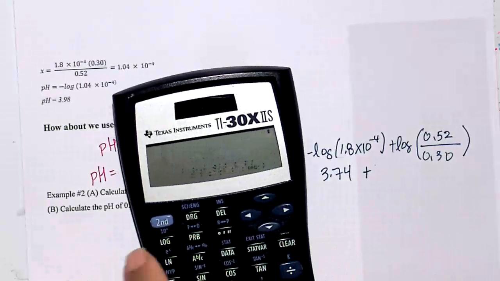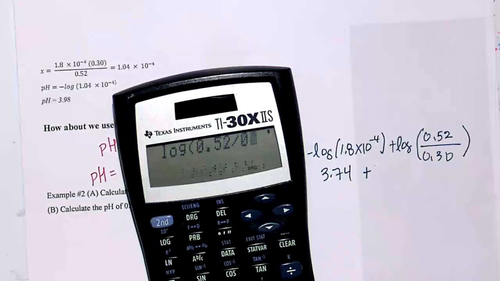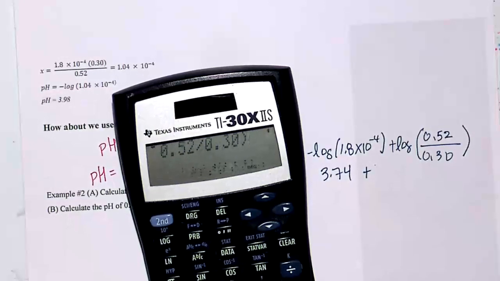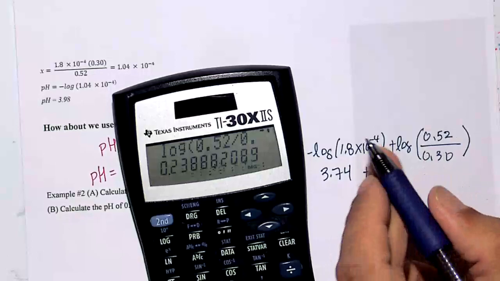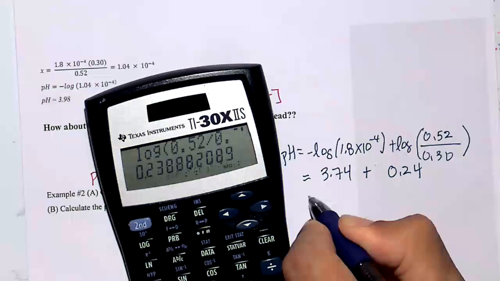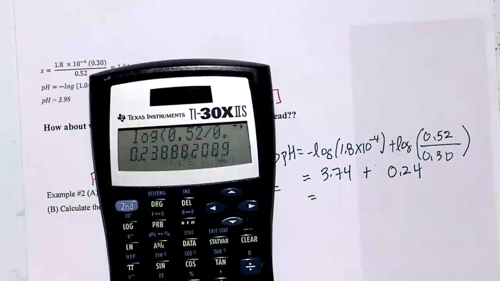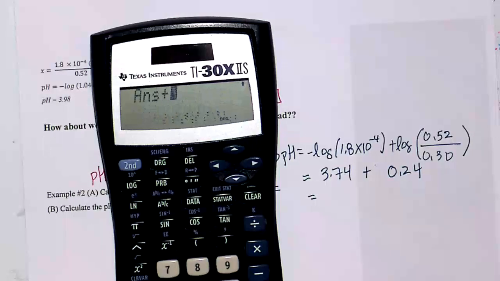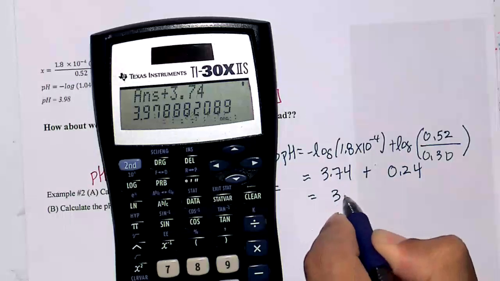Okay, what's the log of 0.52 divided by 0.30? 0.238, 0.24. So 3.74 plus 0.24 is going to be about 3.98.